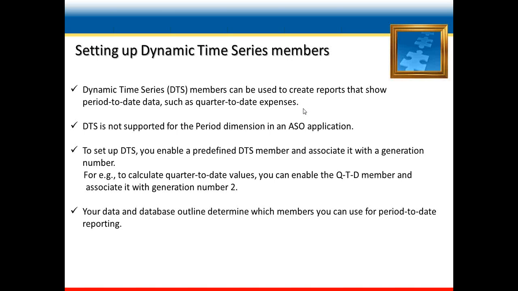Your data and database outline determine which members you can use for period-to-date reporting. As we discussed, it depends on the planning application design. If it has more granularity like weeks, we can have week-to-date DTS functionality.